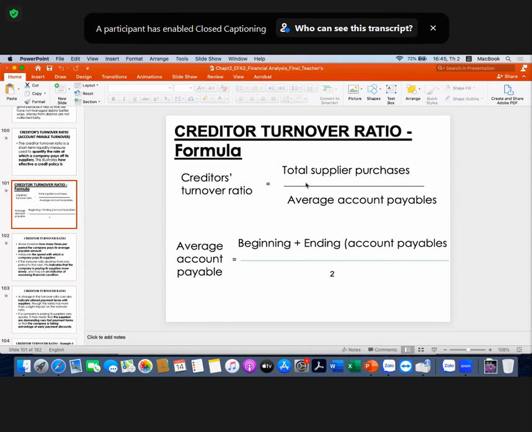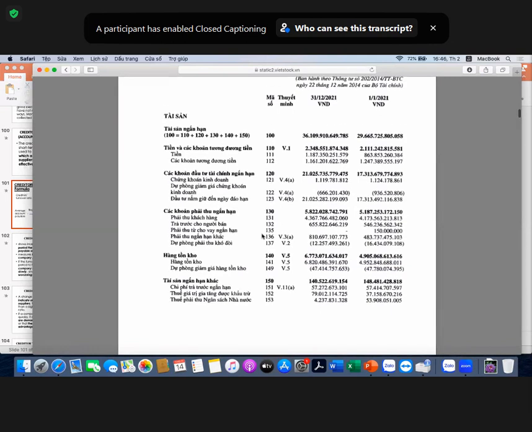And as you know, total supplier purchases. If in your balance sheet there's no item clearly such as supplier purchases, you will take the cost of sale as well. So back to this, calculate the creditor turnover ratio.